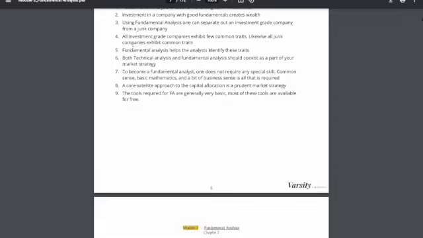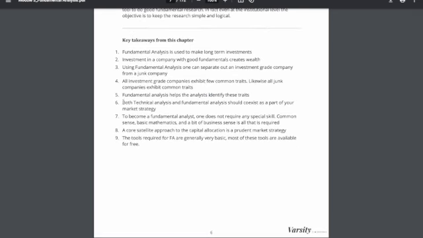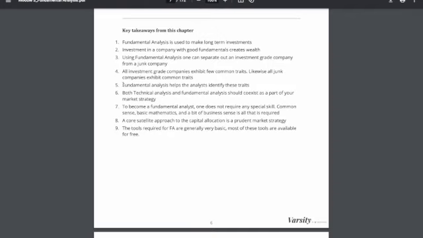So the fifth key takeaway from this chapter, fundamental analysis helps the analysts identify these traits. So we're depending on fundamental analysis to point out good companies from junk companies.